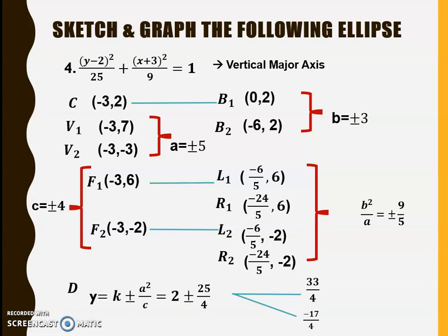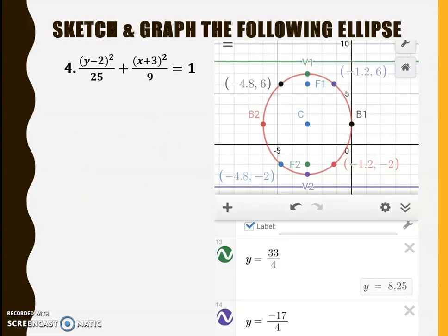So how does the graph look like? For the graph of this ellipse, you have the center at (-3, 2), in the second quadrant. Then you also have the vertex, at a distance of 5. You also have b, the distance of b is 3.